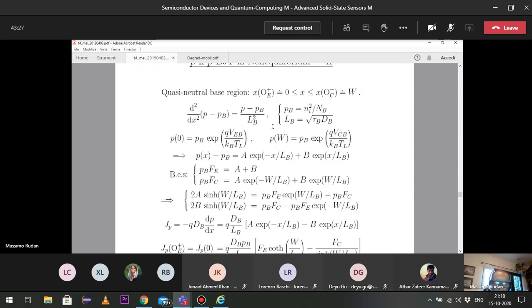So we have an expression in which everything is given, is known apart from A. So we can calculate immediately A.